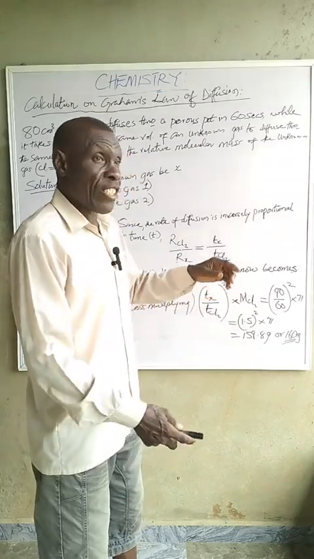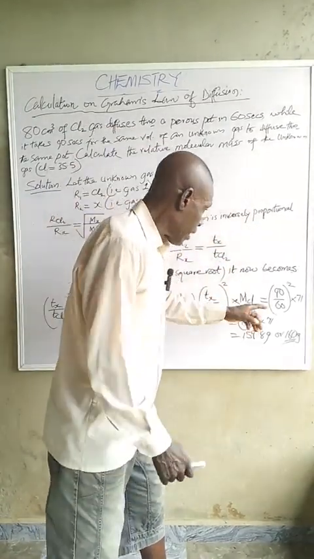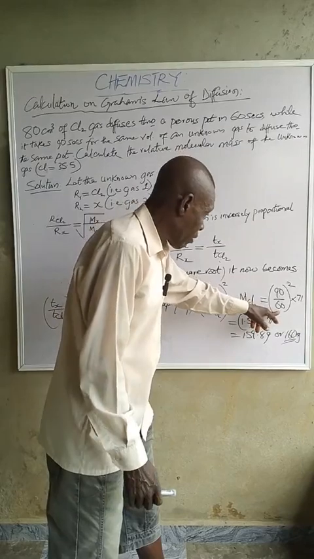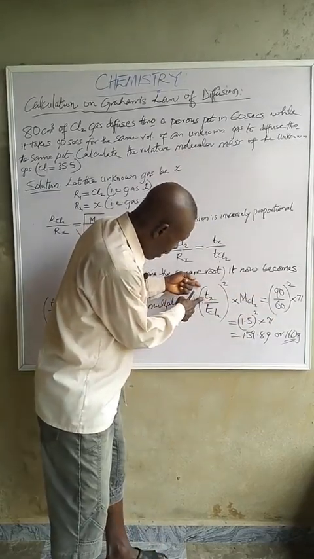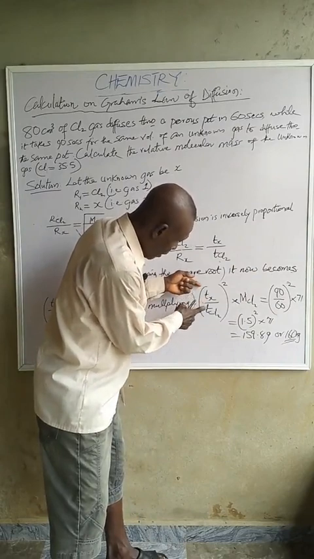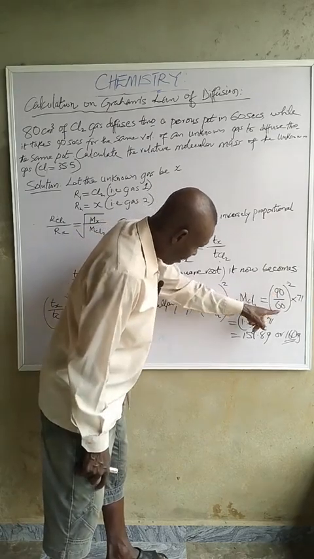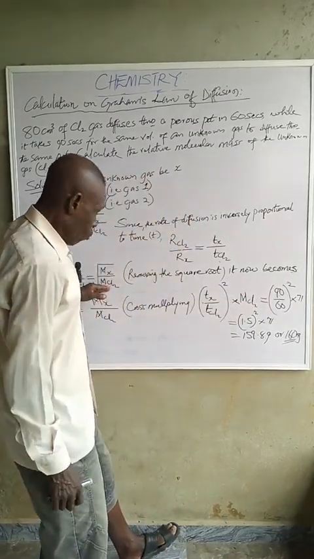So, since it is the square root of their density inversely proportional, it means that 90, which is the time of the unknown gas, all over 60, which is the time of the known one, chlorine. That's why you have 90 over 60 here. Then the whole thing is squared because you have removed this square root.